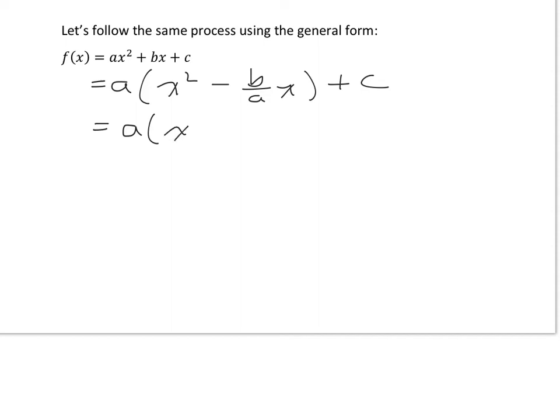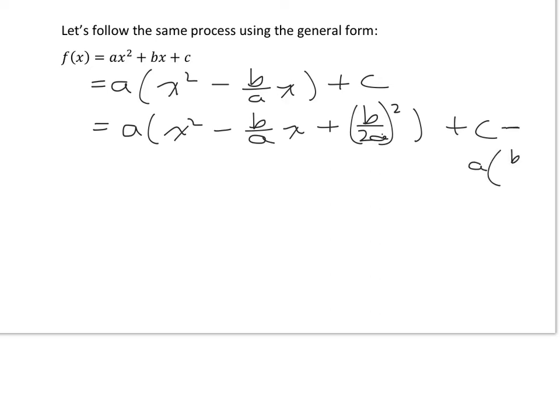So we'll have x squared minus b over a times x plus b over 2a all squared, plus c, and then we have to subtract what we added up there. So we're subtracting a times b over 2a squared.